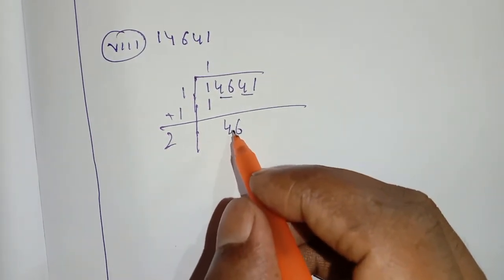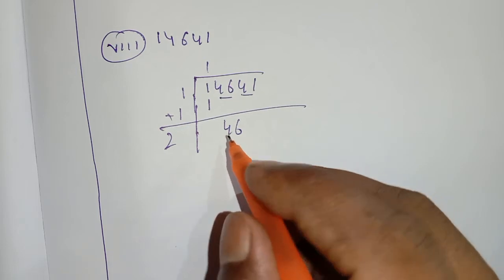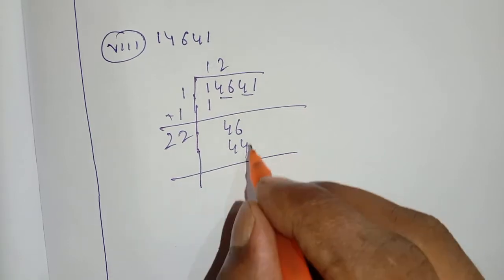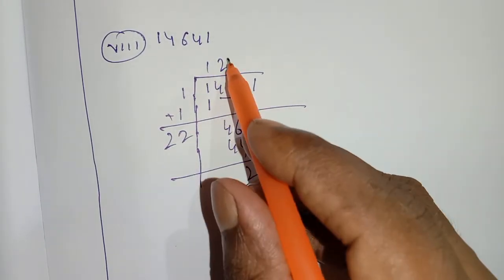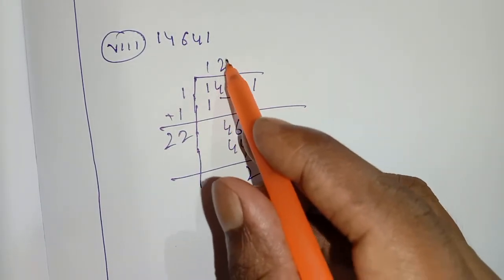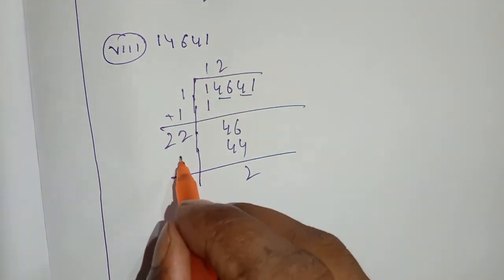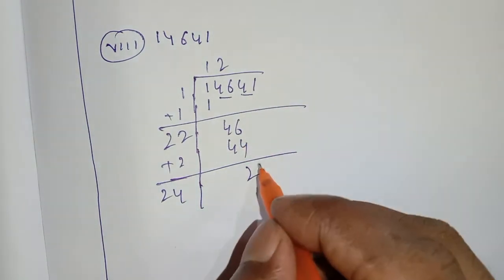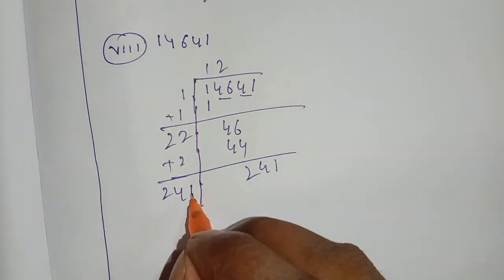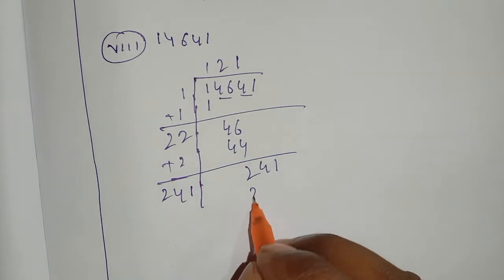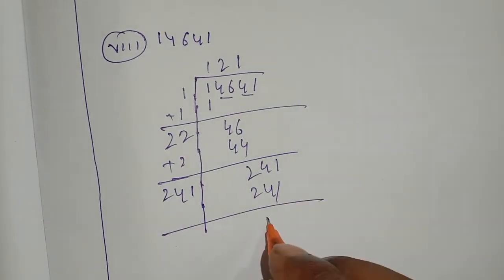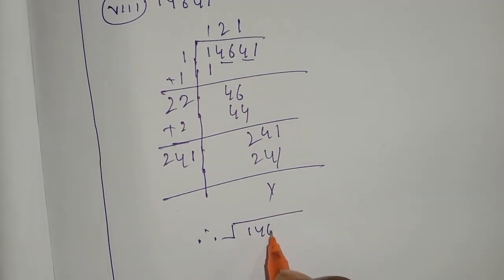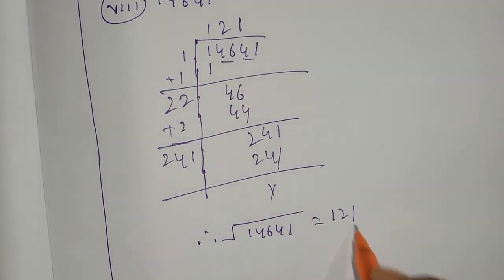Then means 46 not get, then also you have to take less than 46 only. If we take 2 times, then 2 2 is 44, minus 2. Then now not 12, now only 2. Newly we took 2, no? This newly 2 you will plus with 22. Then what will we get? 24. Now here will become what? 41. Then what number will be taken again? 1. Then 1 into 241 is 241. Cancel. Then therefore square root 14641 equal to 121.